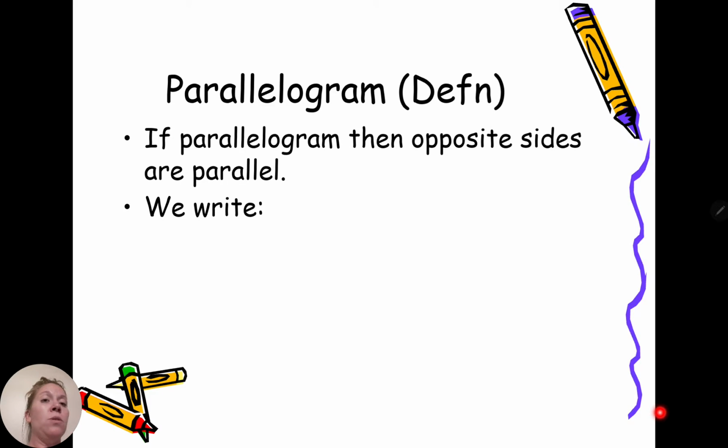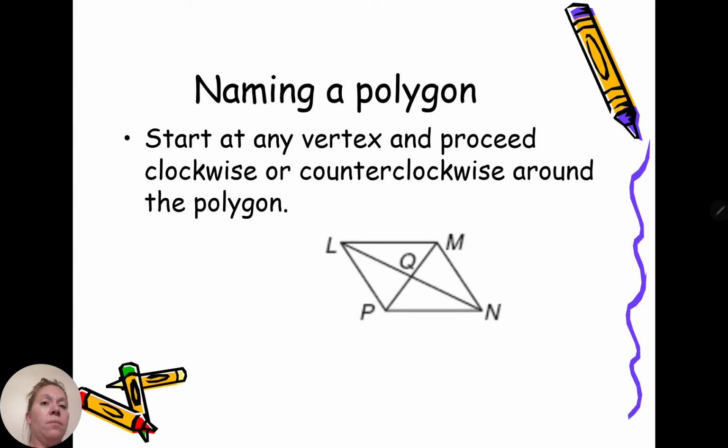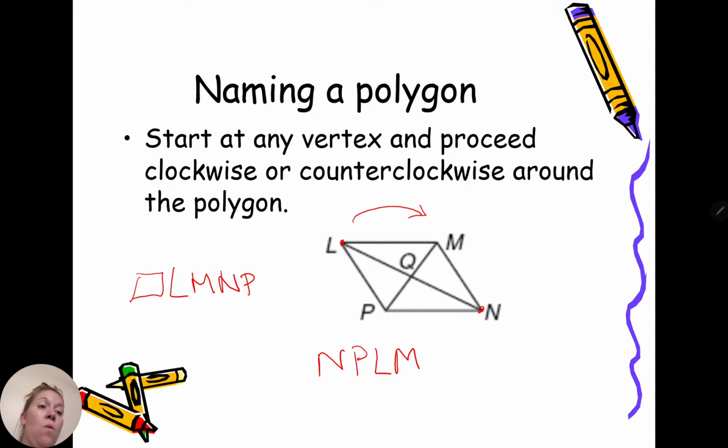So we could name this shape if we wanted to start at L and then go clockwise, right? Let's say it's a parallelogram, L, M, N, P. Or let's start at N, and we could name it N, P, L, M. Or we could start at P and go counterclockwise.